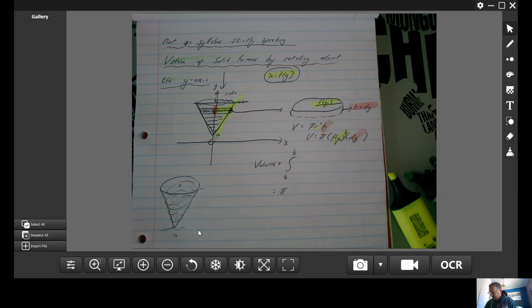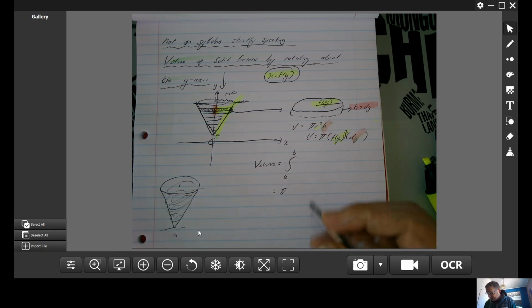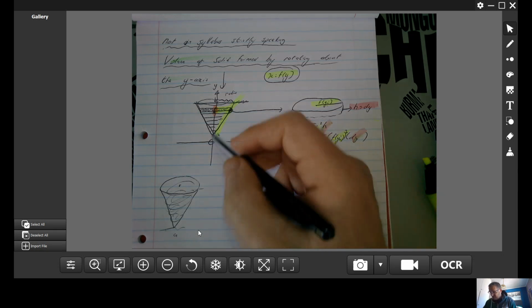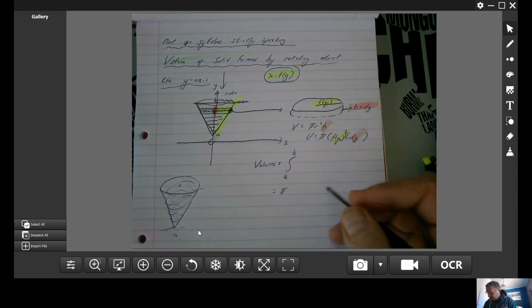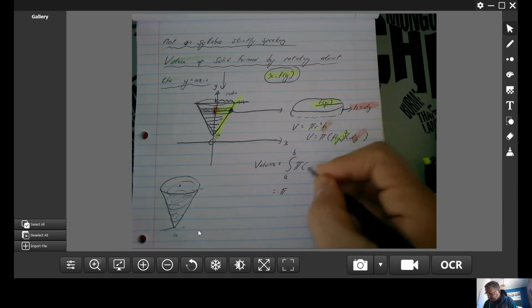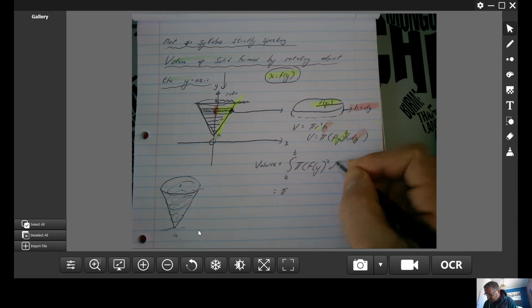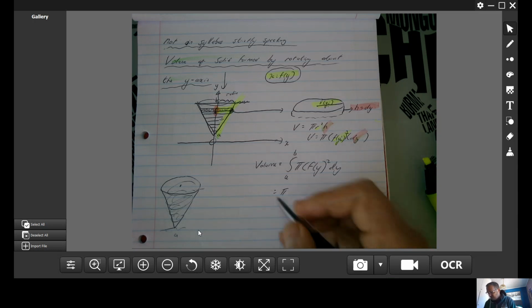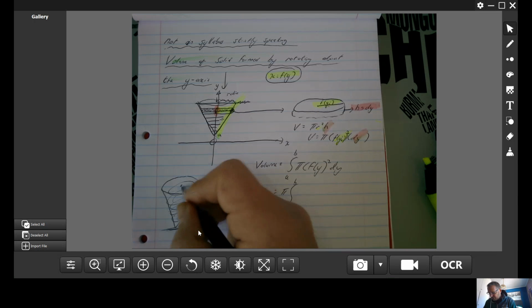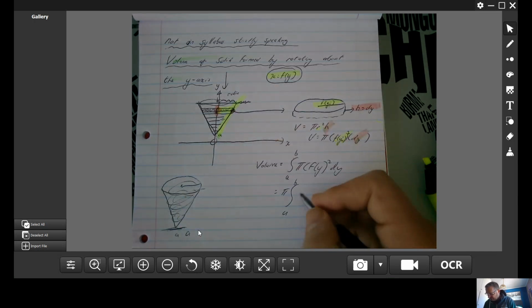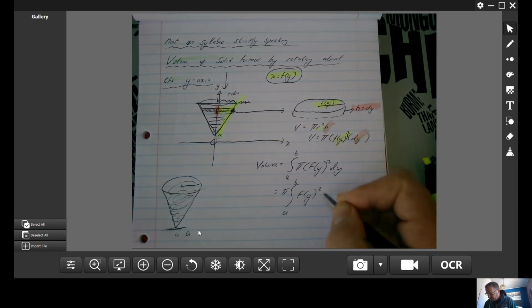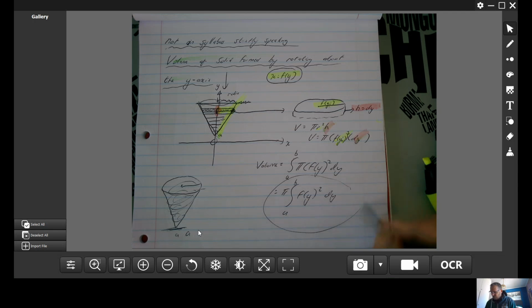So your volume would be the infinite sum of all of those individual cylinders, and the way we write an infinite sum is the integral in the bounded region between A and B of pi f of y squared with respect to y. You can remove the pi, and it will be the integral between A and B, where A is your lower boundary and B is your upper boundary, of f of y squared with respect to y.